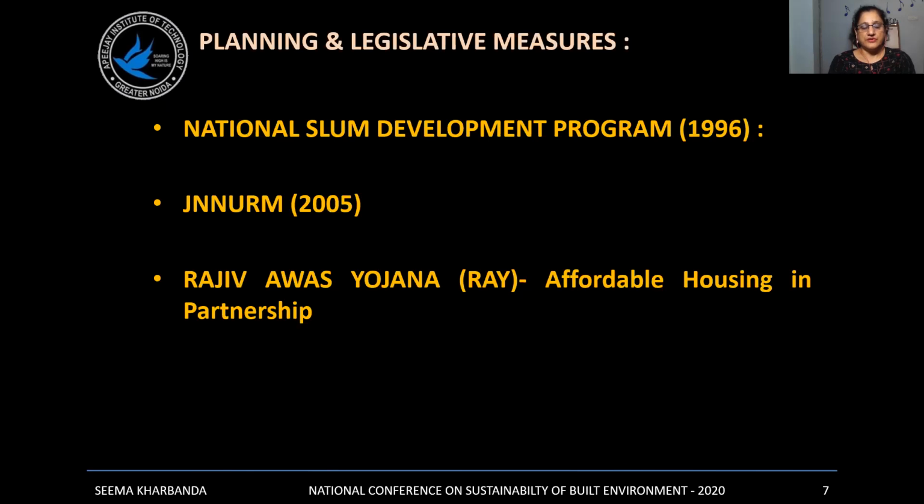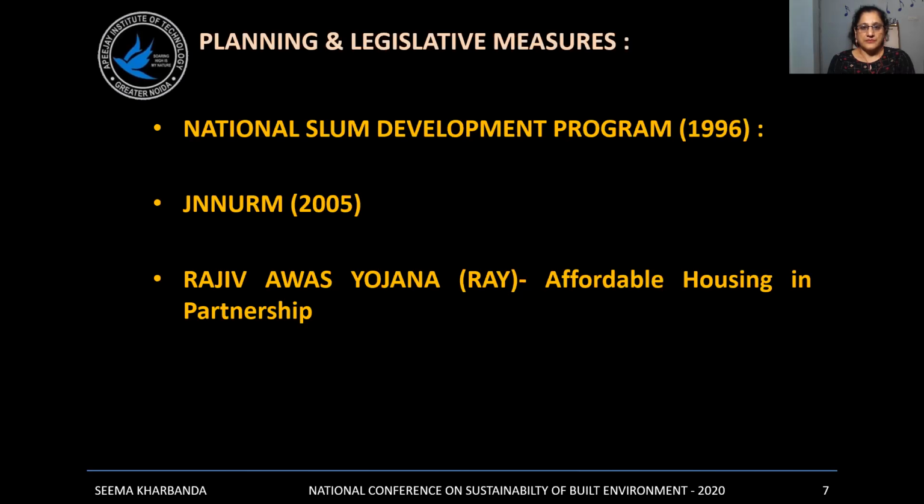If we take an overview of the various planning and legislative measures, the first is the National Slum Development Program in 1996, wherein the role of the government sector was in the form of upgradation of AHATAs, in situ development by laying of paver streets, electrical poles, hand pumps or garbage collection points.